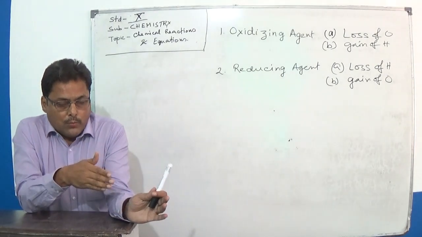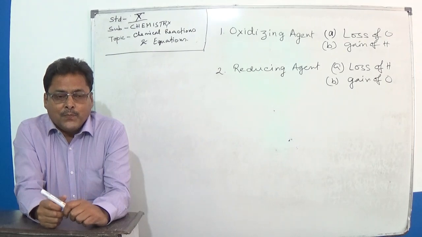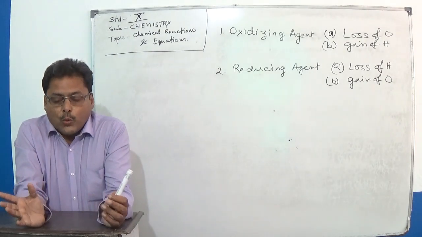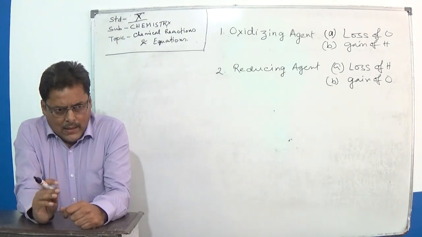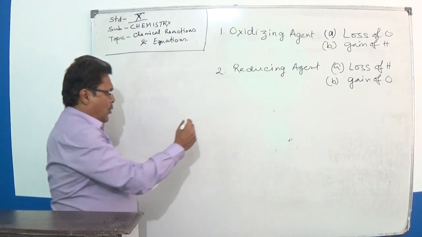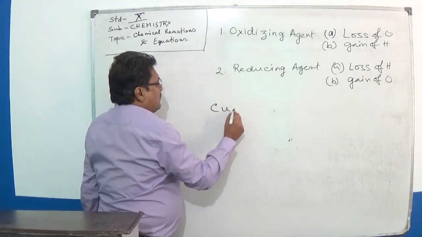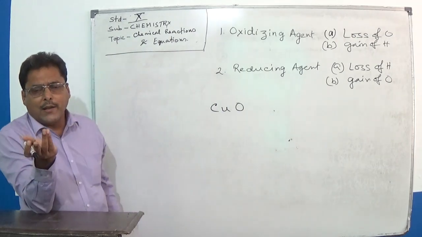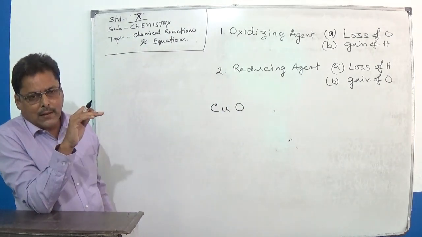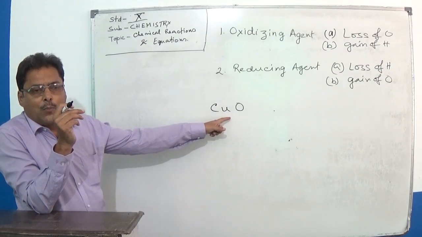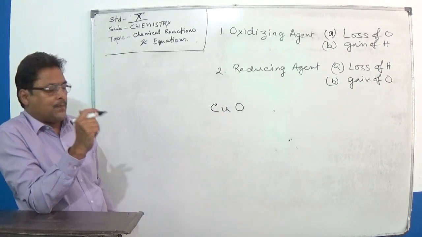We will go through a few slides also. Let me give you one or two examples here. Let us say we are taking copper oxide. Actually, this is called copper 2 oxide. I explained in the previous class why it is 2, because the valence of this copper is 2.